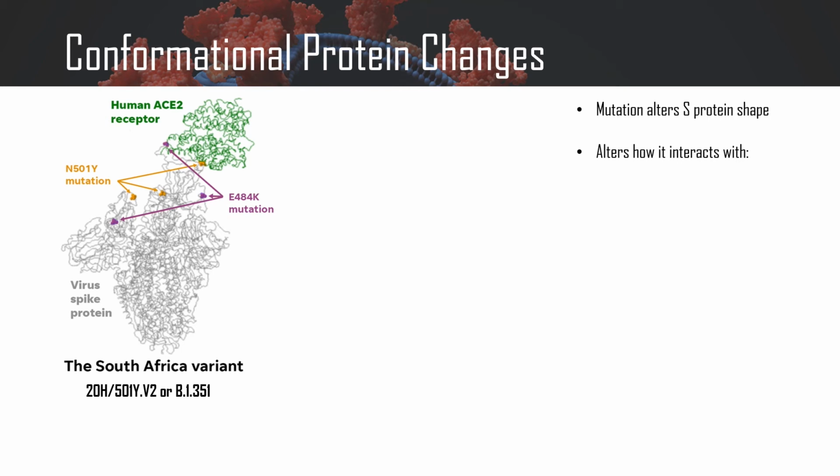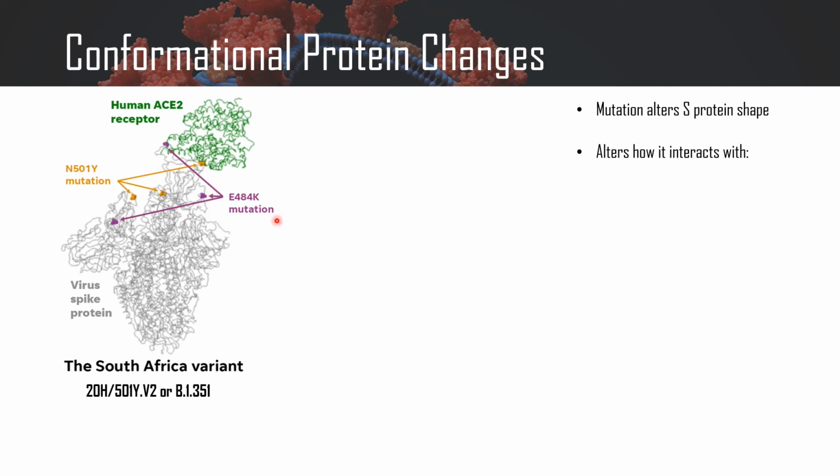In particular, this one is of the spike protein, and just to orientate you, the spike protein here is in the grey structure, the ACE2 receptor is in green, and within this structure you can see that there are coloured dotted regions, and those are the places of the mutations which may occur. And the one that is familiar for this certain session is the E484K mutation.